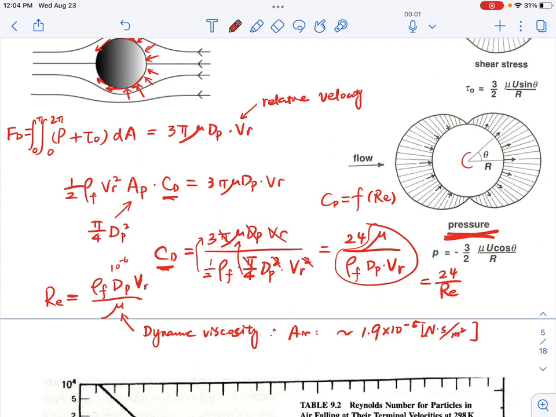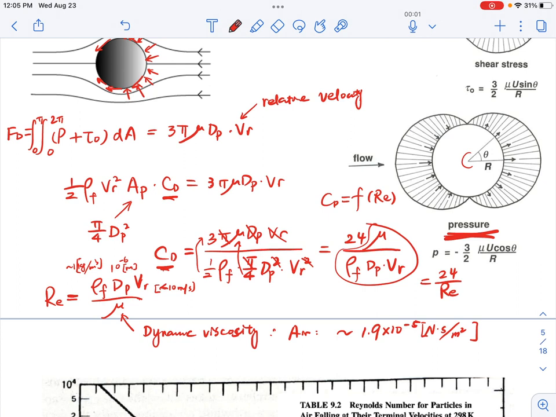And the fluid density for the air is around 1 kilogram per meter cubed. And the velocity is not going to be higher than the speed of sound, so I would say it's most of the time smaller than 10 meters per second.